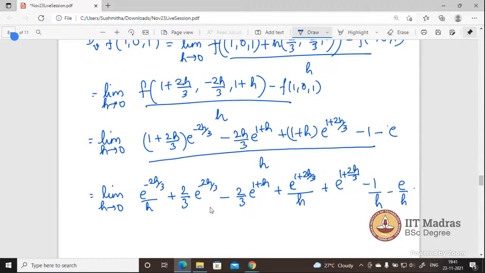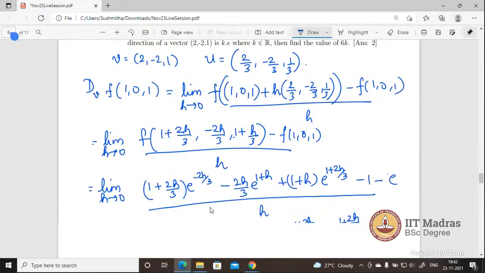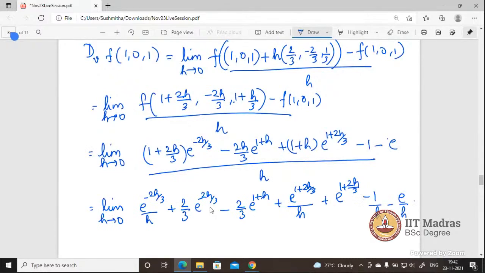Ma'am, sorry to go back. In the unit vector actually, 2 by 3, minus 2 by 3, and the last one, sorry, 1 by 3, I think. Yeah, so that's going to be h by 3. So where will I get h by 3?